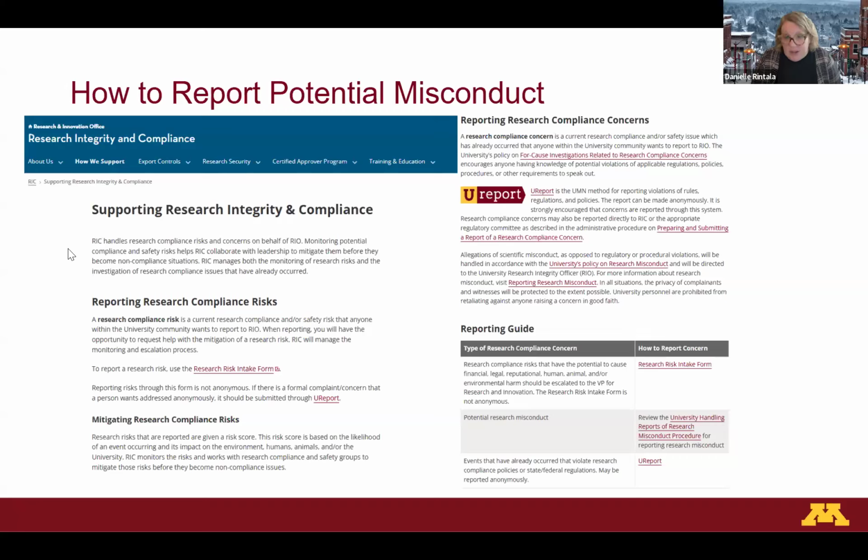You can be completely anonymous. And we encourage people to report any research compliance concerns through U-Report because it gives an institutional level tracking mechanism. But you could certainly reach out to us directly via email or meet with us in person if that is something that you're more comfortable with. We want to encourage people to feel like they can come to us and talk about any research compliance issues that they may be facing in their role here at the university.